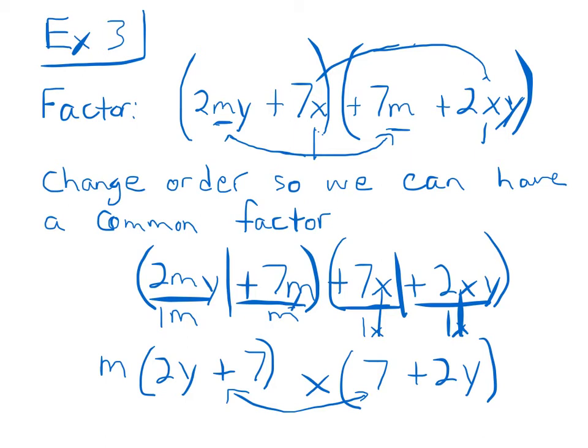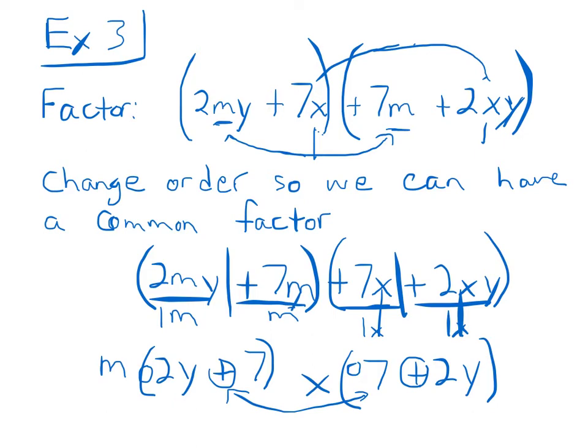And with addition, order doesn't matter. Again, you guys are writing the key point that they are still the exact same because they have the same signs. This is a positive 2y. This is a positive 2y. This is a positive 7. This is a positive 7. So they have the exact same signs, and the order doesn't matter with addition.